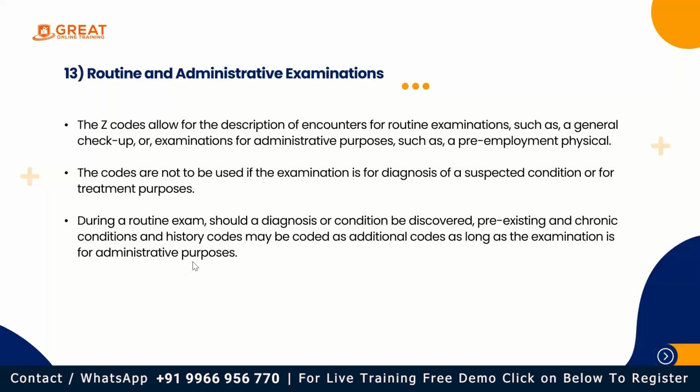If the examination is for administrative purposes and in that examination we diagnose some condition, or if any pre-existing or chronic condition or any history is there, we have to code them additionally. But if the encounter is for an administrative examination, we have to use the administrative examination code.